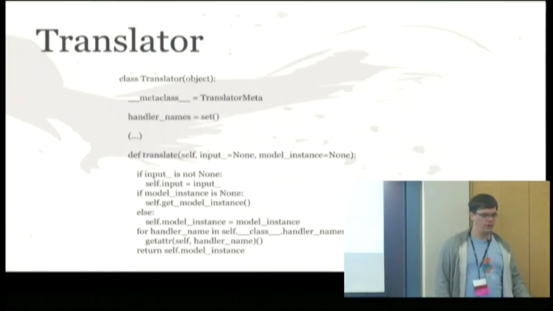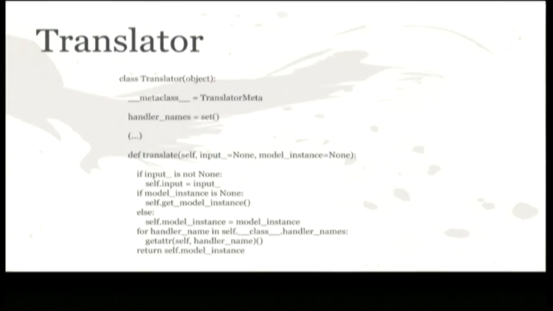So in the translator, there's a method called translate that uses those handler names that we picked up in the metaclass to iterate over all of those fields that were defined in the translator class.